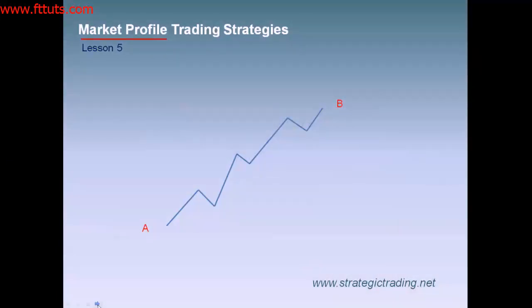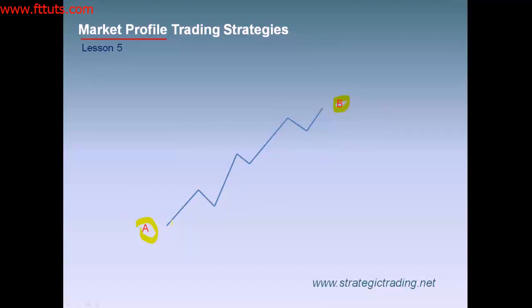Now, to be able to identify support and resistance levels, I have a very simple diagram drawn here. The diagram really represents price movement for a period in time. It starts at point A and concludes with point B. Now, price rarely moves in a straight line for a very long period of time.